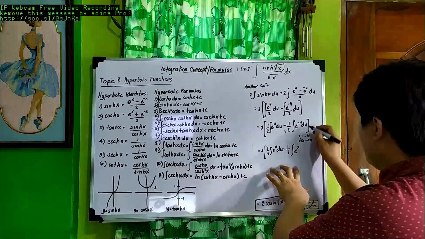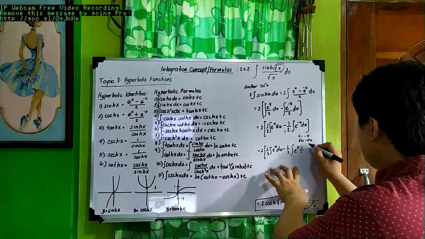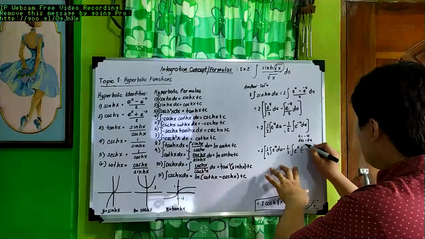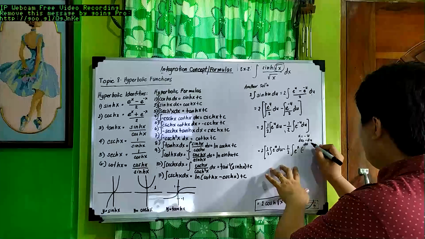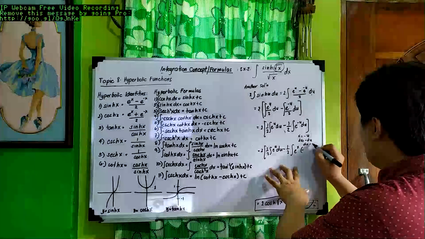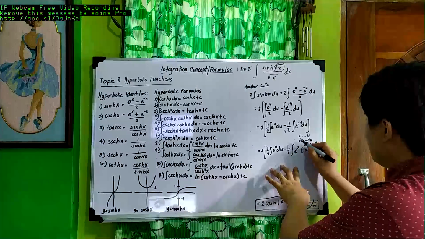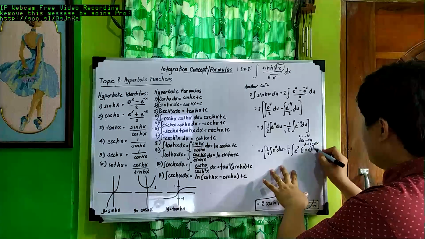We have u equal to x, and your du will be equal to negative dx. So transpose that one, negative dx.